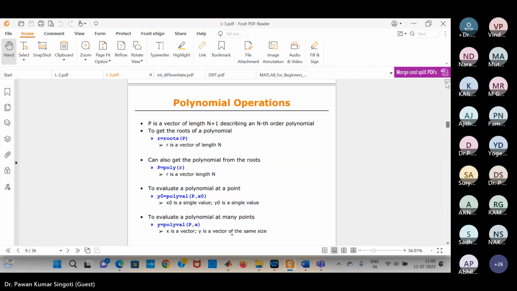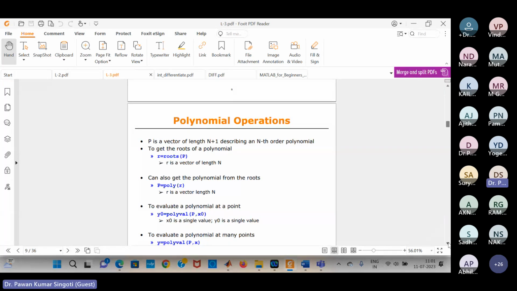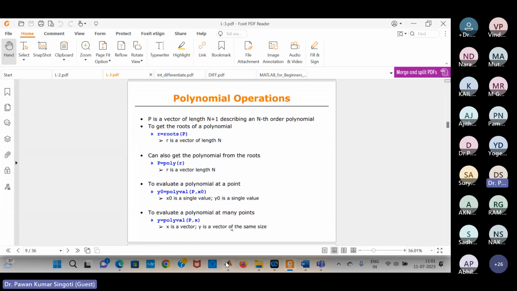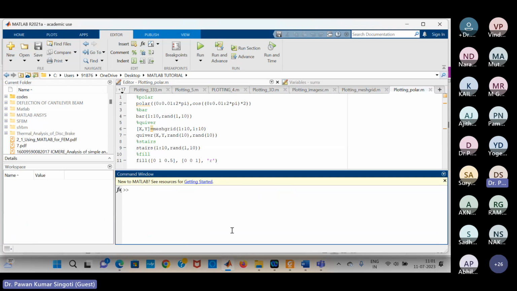Suppose we are making a matrix. Just type clear and clc. We are making a P matrix which has the values -2, 1, 3, 3, and 0. This is the P matrix.